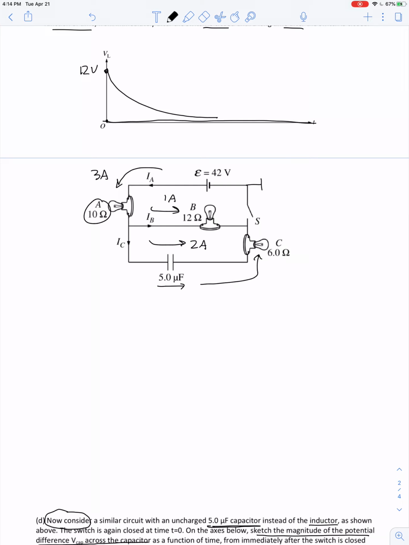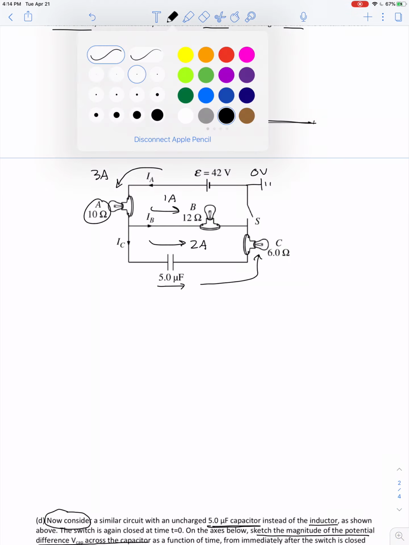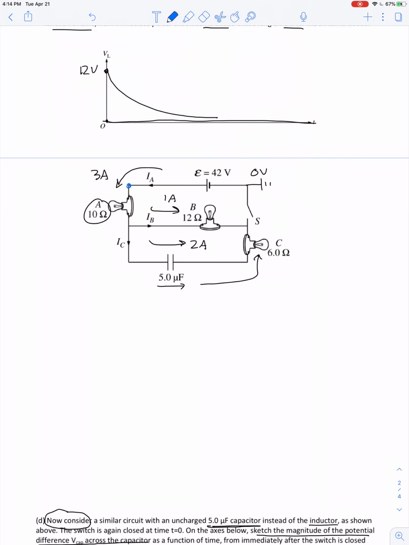Let's imagine that this part of the circuit is grounded, so the potential right here is 0 volts. The electric potential right here must be 42 volts. When 3 amps flows through 10 ohms, you lose 30 volts. So we go from 42 volts minus 30 would get us down to 12 volts.